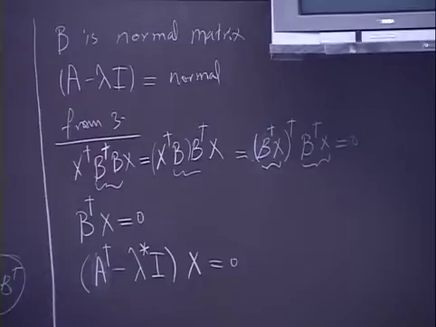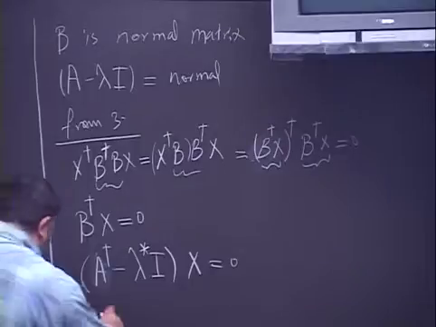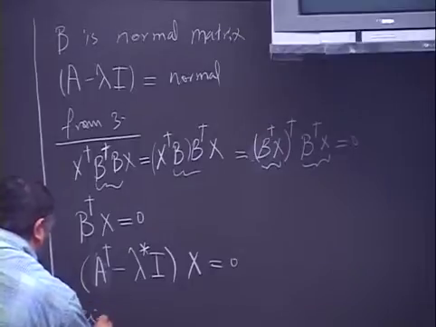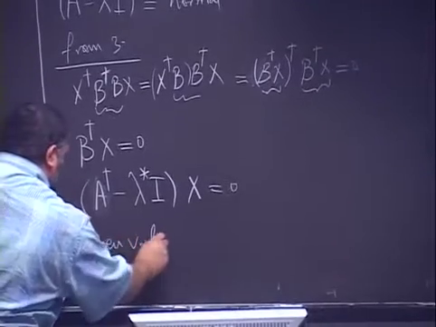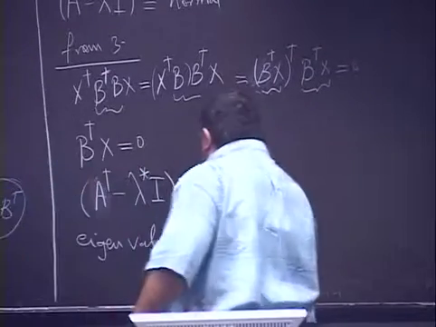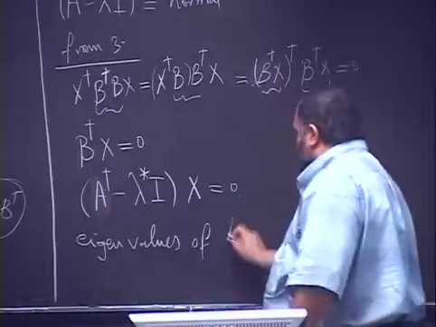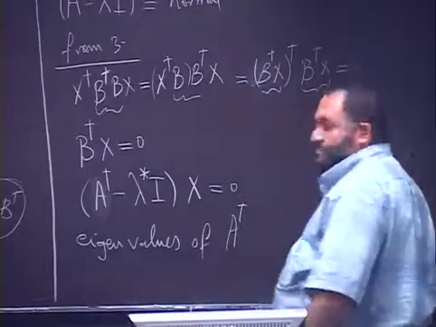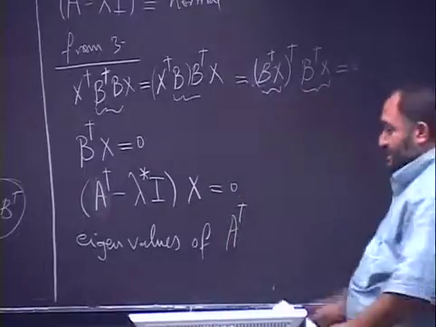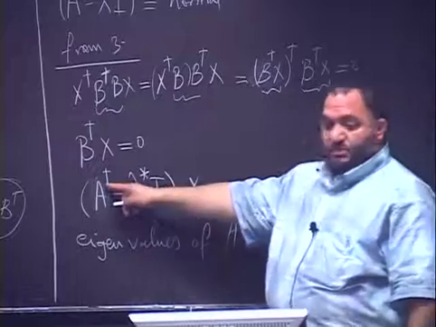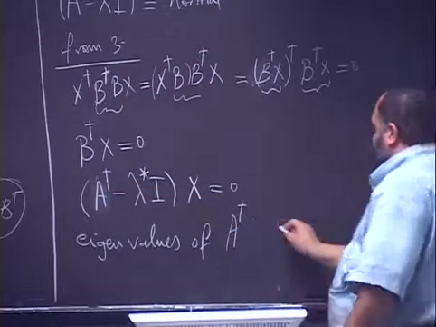What we will get from this? That the eigenvalues of what? Of the Hermitian conjugate. The eigenvalues of the Hermitian conjugate are just equal to what?